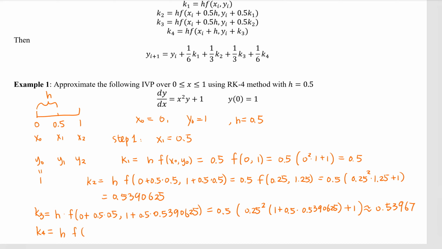How about k4? k4 is h times f of xi, 0 plus h, which is 0.5. And then yi is 1 plus k3, which is 0.53967. So h is 0.5, and now for x we plug in 0.5. So 0.5 squared times 1 plus 0.53967, that is 1.53967, plus 1. What is this answer?